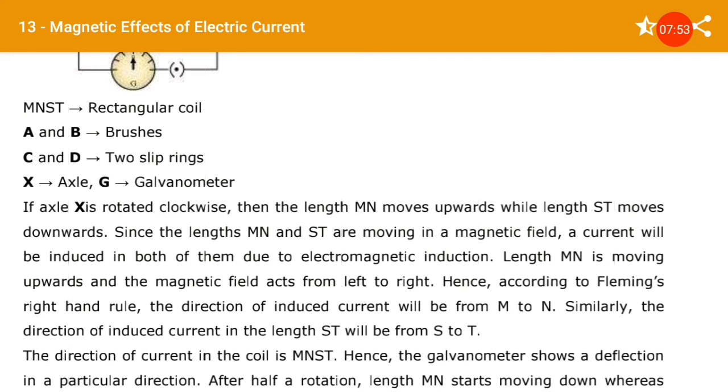Since the lengths MN and ST are moving in a magnetic field, a current will be induced in both of them due to electromagnetic induction. Length MN is moving upward and the magnetic field acts from left to right. So that's the same principle as in the electric motor that we have seen.